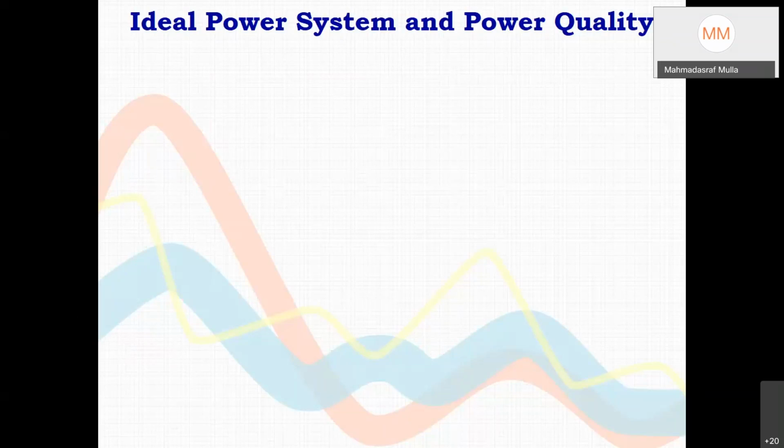Can anybody comment what ideal power system we are looking for? When can we say there are no power quality problems?